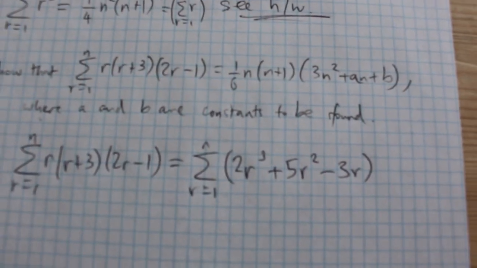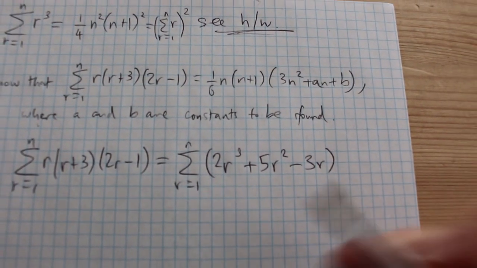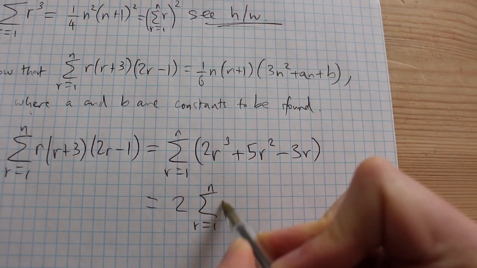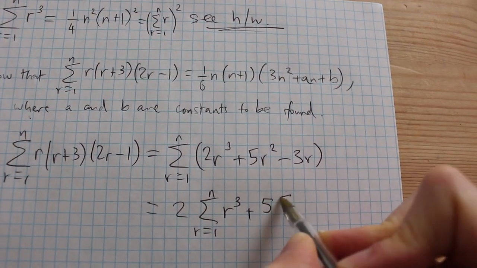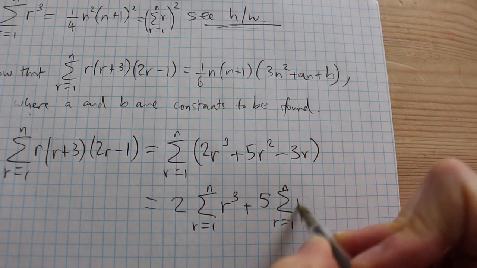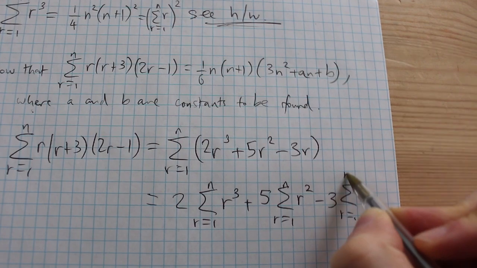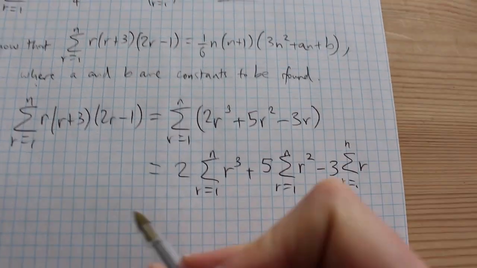We can now use the three standard results to split this up into three parts and sum separately. So firstly, just split it up like this. Okay.